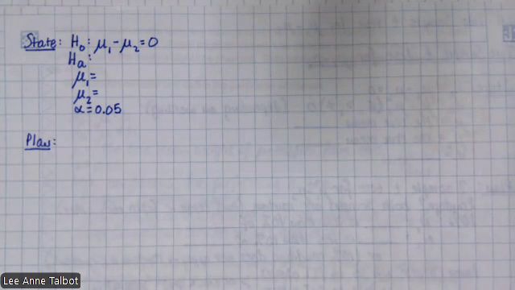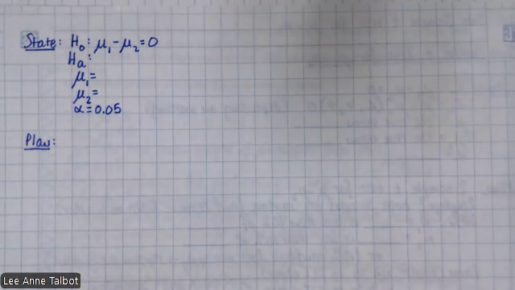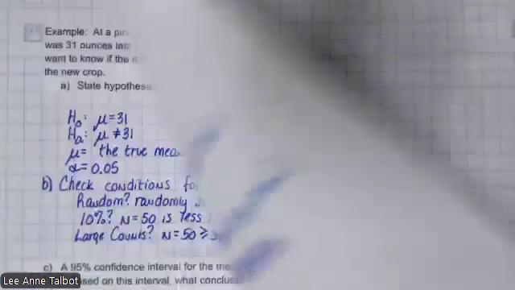Okay, now from the wording of this problem, is this one less than, greater than, or not equal to? Okay, the answer is not equal to, and the way you can tell is because there's the word difference in the problem.